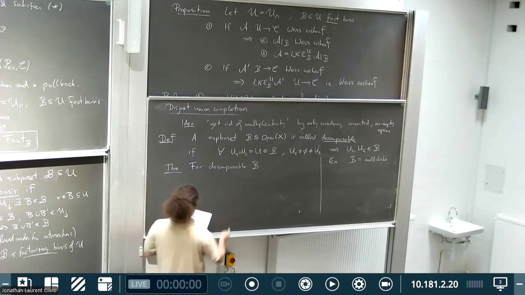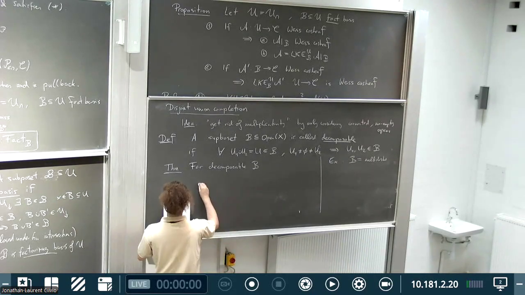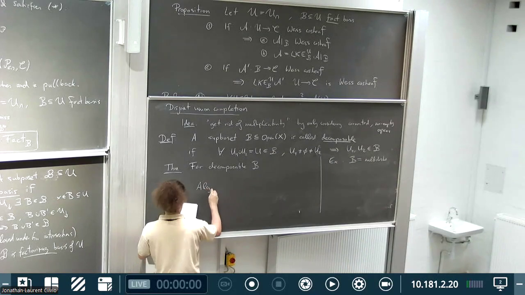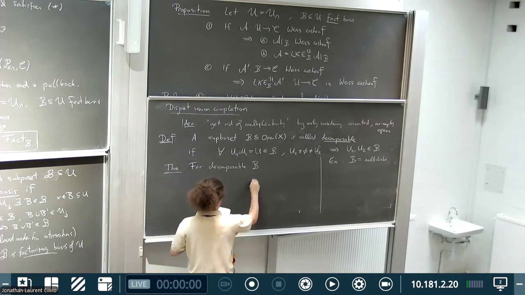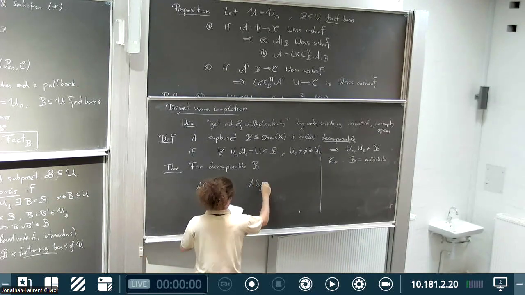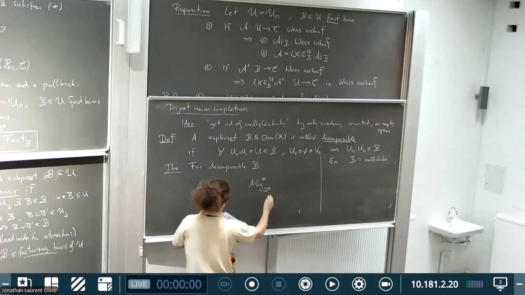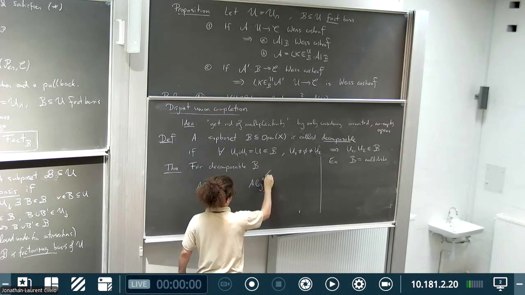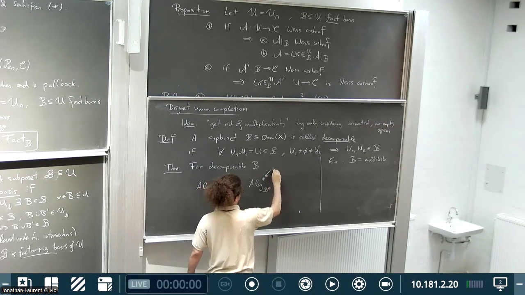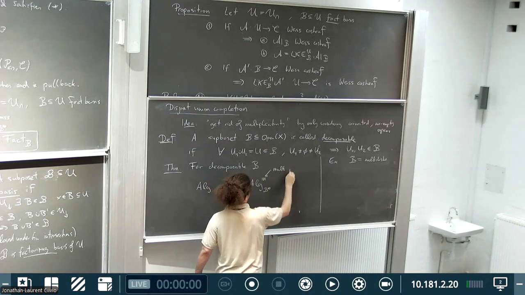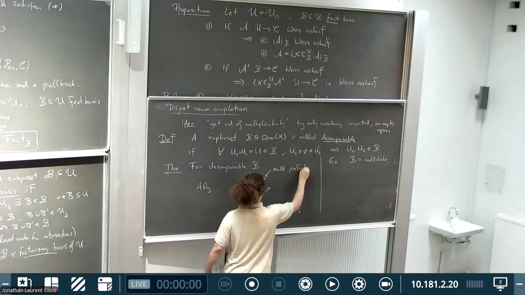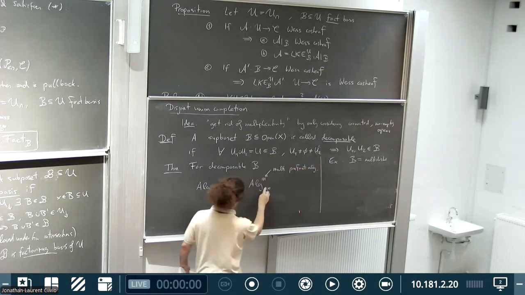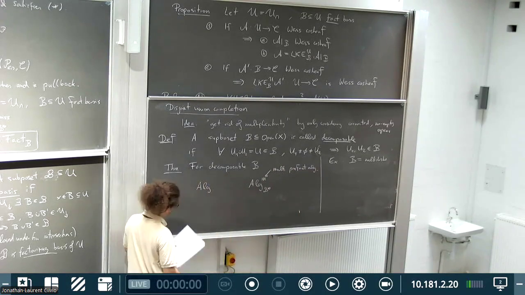And the claim is that whenever you have a decomposable B, you can look at multiplicative algebras on B, written with a tensor. I think I had this notation, but I will remind you again. This just means multiplicative prefactorization algebras, so it's algebras for this operad with the multiplicativity condition.